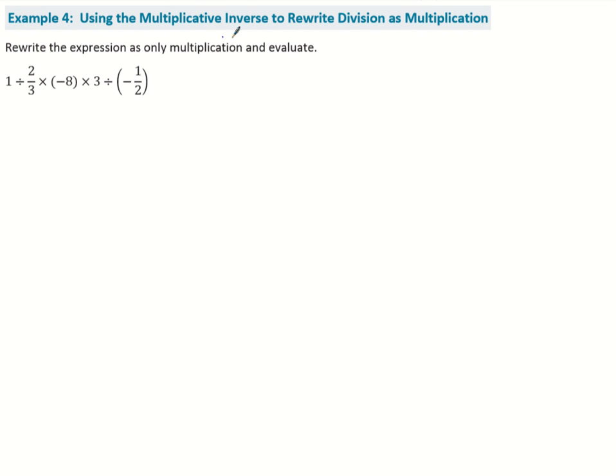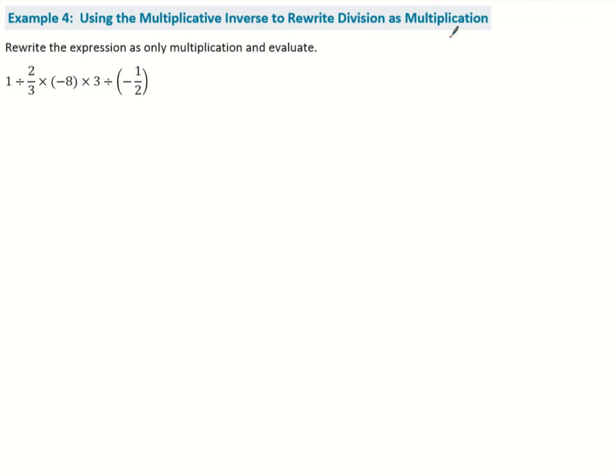The multiplicative inverse says, hey, if I'm dividing by a fraction, I don't like dividing by fractions. It's not something I want to do. So I'm going to do something called our multiplicative inverse. And if you remember, inverse means the opposite. It's not going to be the same as the opposite in terms of addition going to subtraction or positive going to negative.